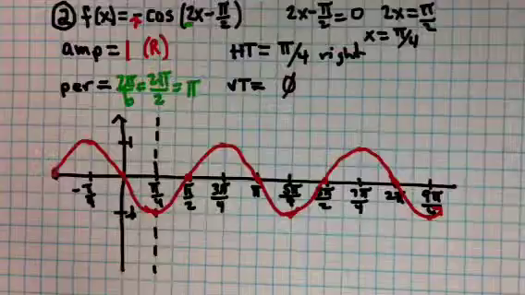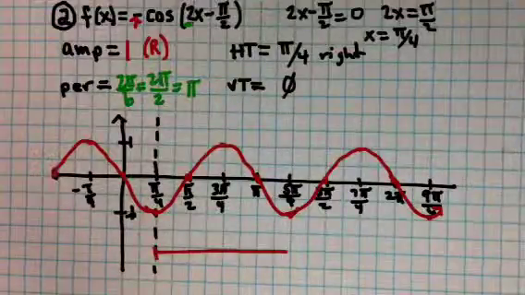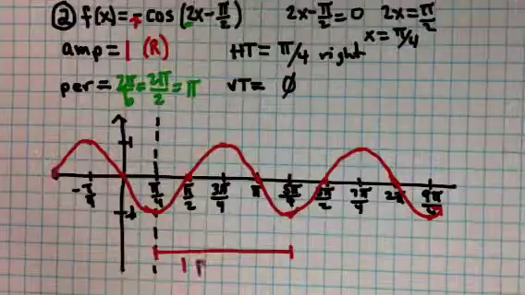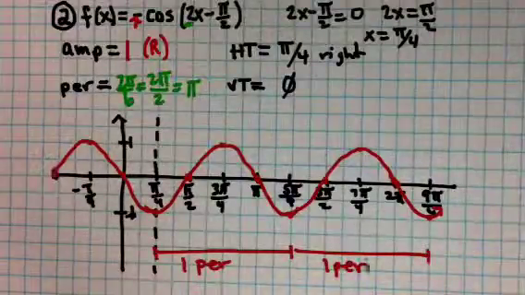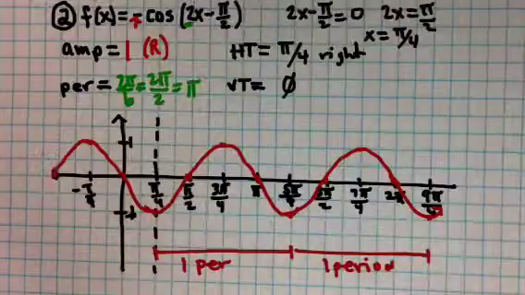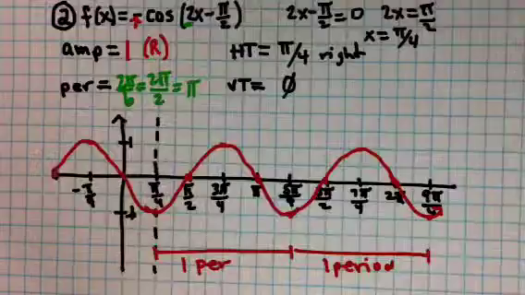So one full period would be from here to here, or one full cycle. Here's another full cycle. And on the left we only got 3/4 of a cycle, so it's not a complete period.